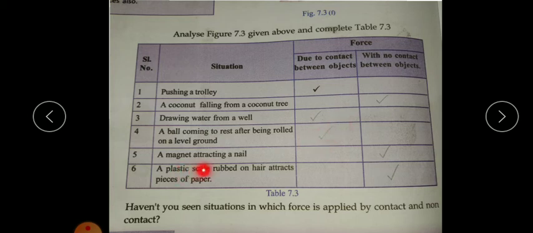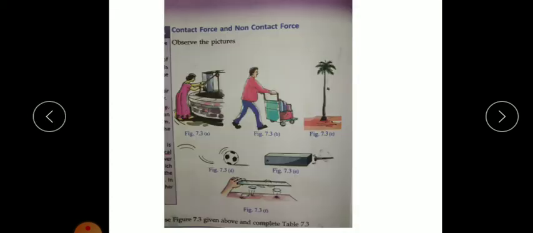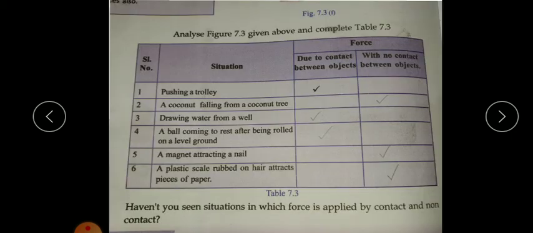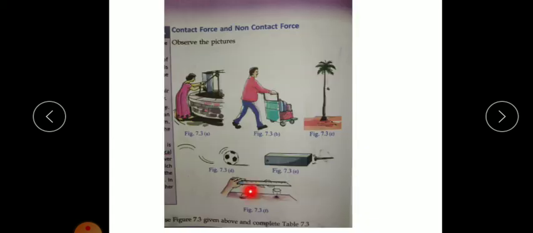Then a magnet attracting a nail. So a magnet can attract a nail without touching it. So this is a non-contact force. So mark a tick here. Then a plastic scale rubbed on hair attracts pieces of paper. So this is one example of electrostatic force, and we know that electrostatic force is a non-contact force.